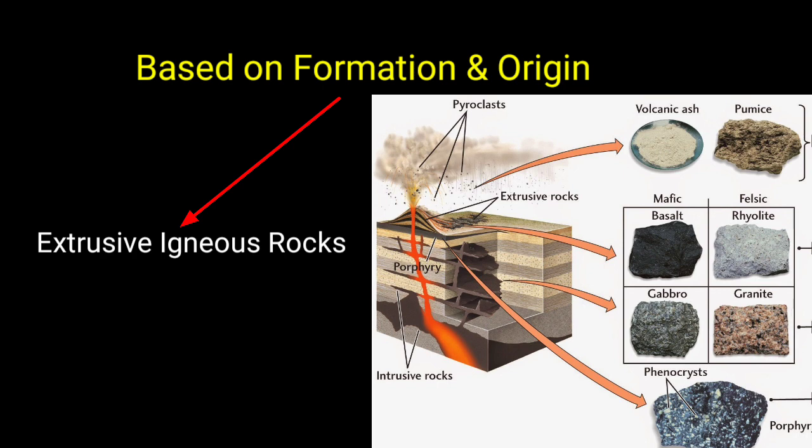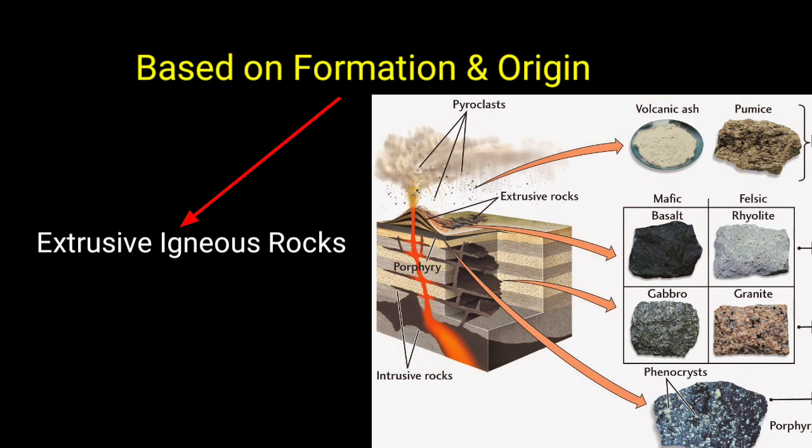Now extrusive igneous rocks. Extrusive means outside, right? So these are the rocks formed on the surface of the earth. This is due to the rapid cooling process of lava. Therefore these rocks are mostly non-crystalline. So these are also called volcanic rocks, right?